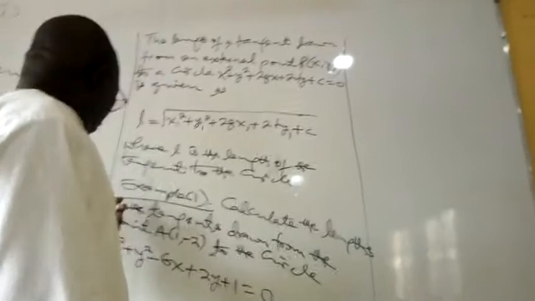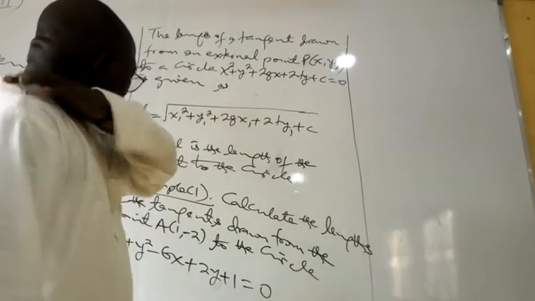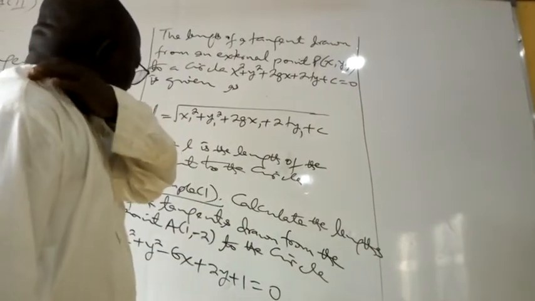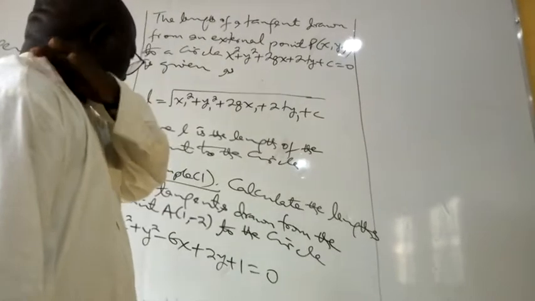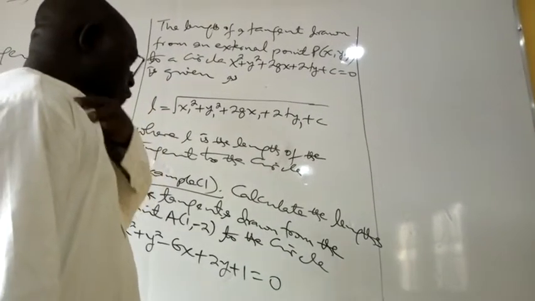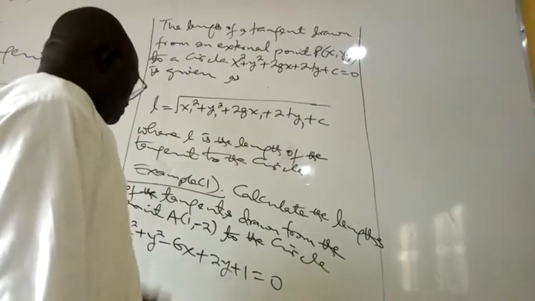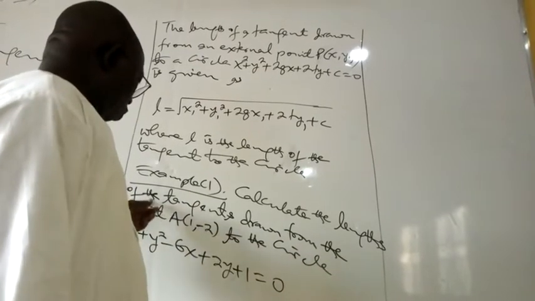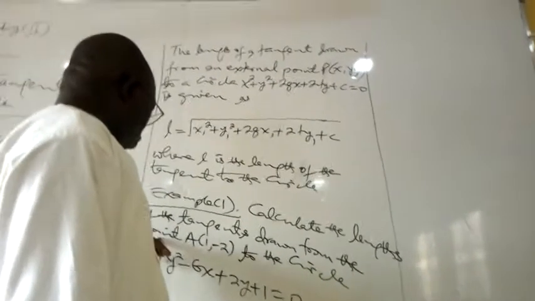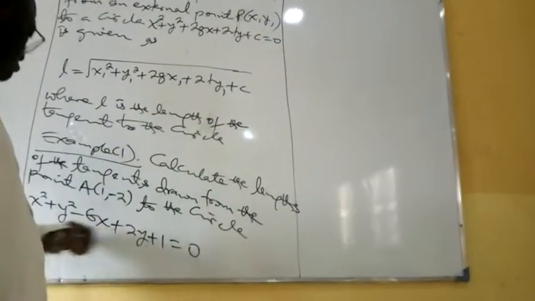Now, the question says we should calculate the length in the sense that it's possible to have two tangents, and the two tangents will be equal in length to a circle. Find the length of the tangents drawn from the point A, 1 minus 2, to this very circle. So, solution.